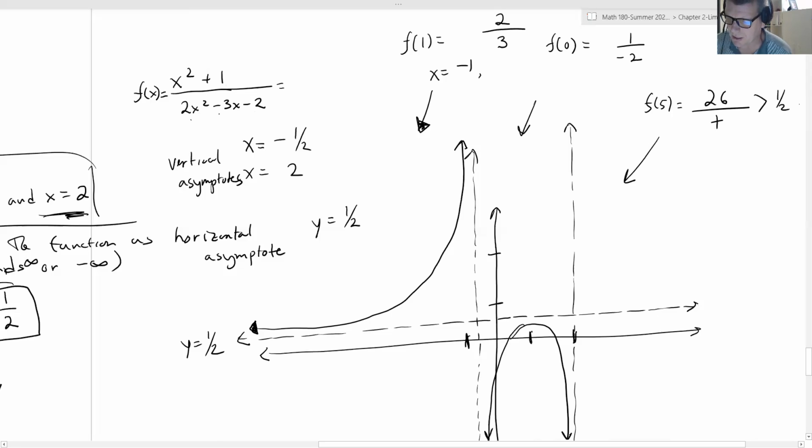So let's check it actually. This is going to be 50 minus 15 minus 2. So that's actually greater than 1/2, so it's going to be up here. So you just test a couple points, throw them in there, and then that allows you to draw your sketch.